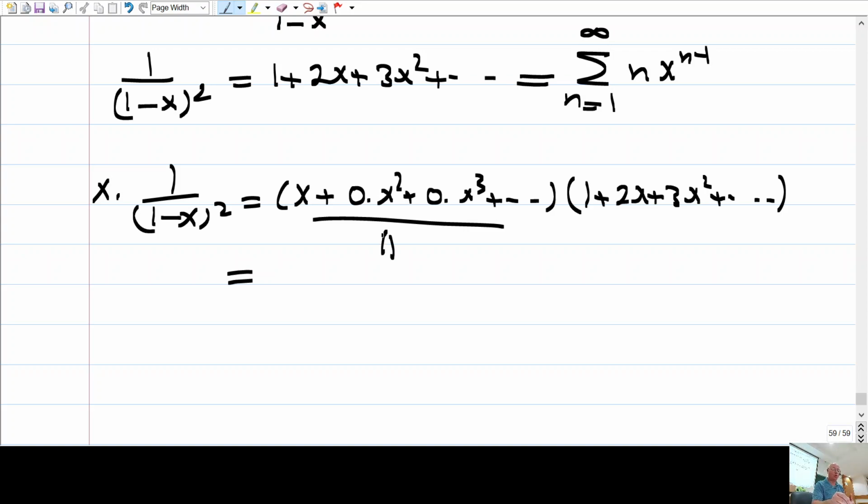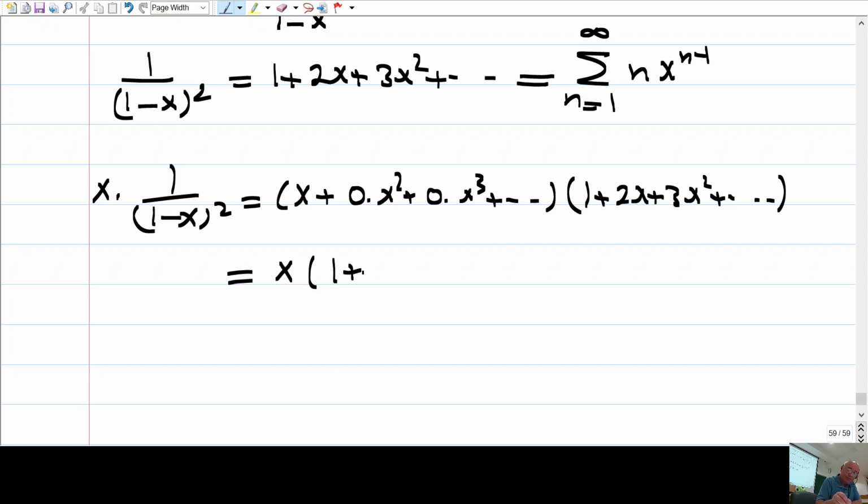This is the whole real line. This is minus 1, 1. So the product will be convergent on the intersection of these two, which is minus 1 and 1. It means I can just multiply this function by x, and that x just goes inside this.